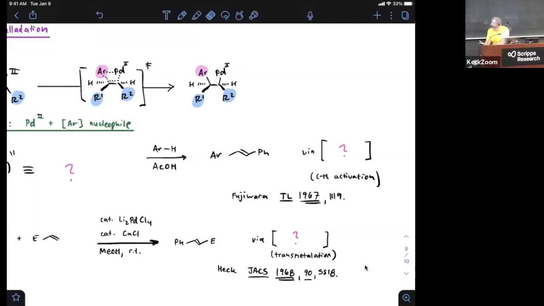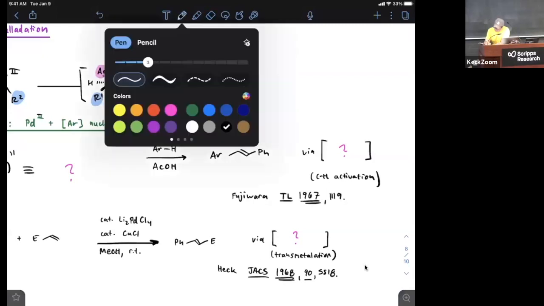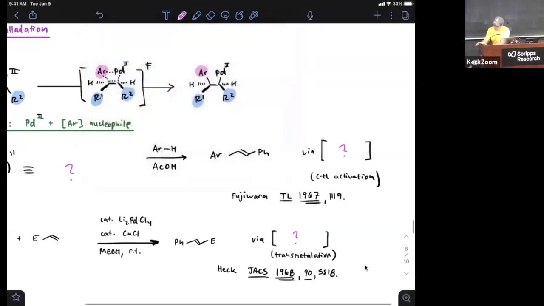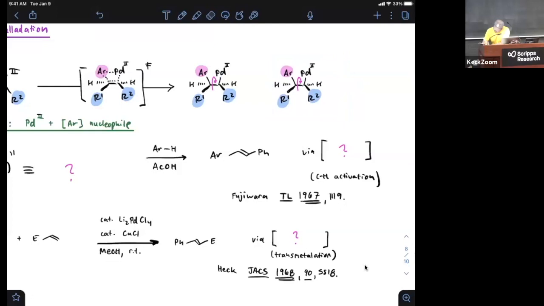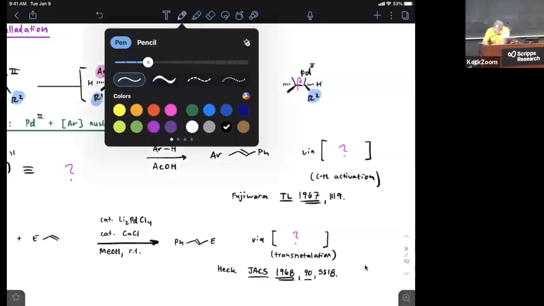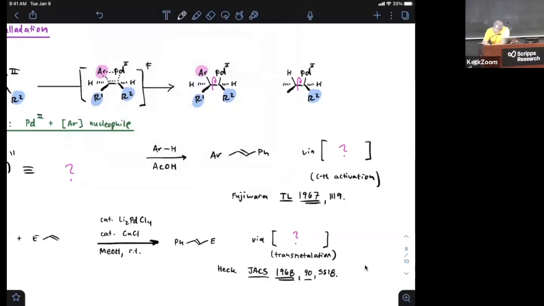In a Heck-type arylation, you would then invoke the beta hydride elimination. What has to happen to set up the beta hydride elimination? First need to rotate the single bonds. Beautiful. This is a key feature to consider. This is really the reason why I wanted to draw this out in detail.